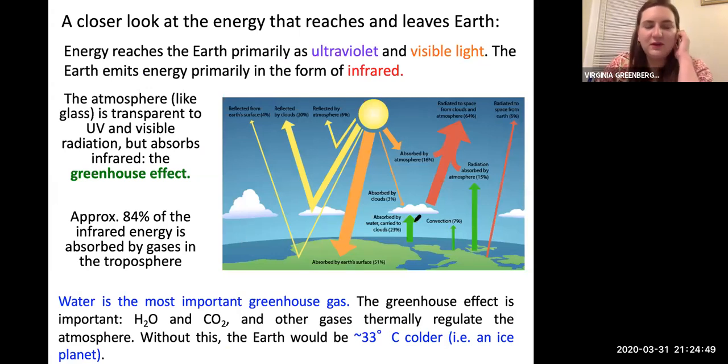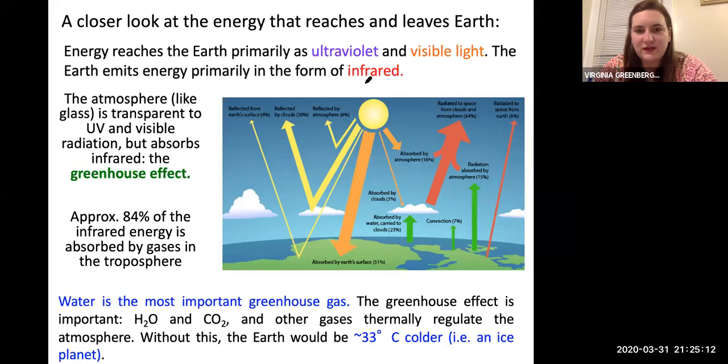And so we know that if we look up at the sky every day, it looks a little different, right? Some days we have lots of clouds, some days we have no clouds. Most days here in State College, we have lots of clouds. Okay. But those different changes in what's present above us will change how the light is reflected or absorbed by the Earth and its atmosphere.